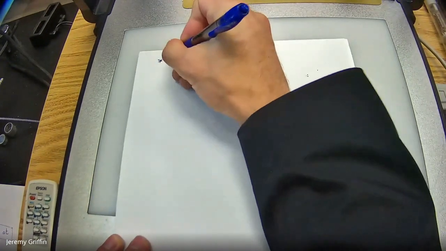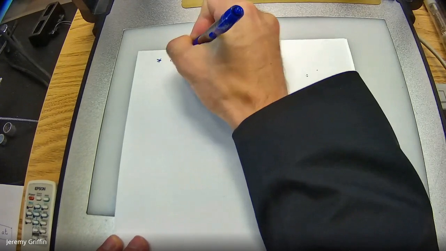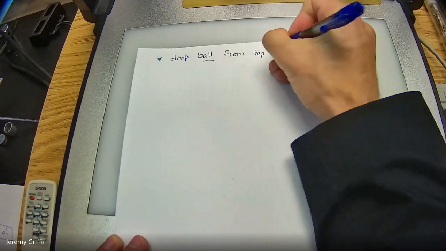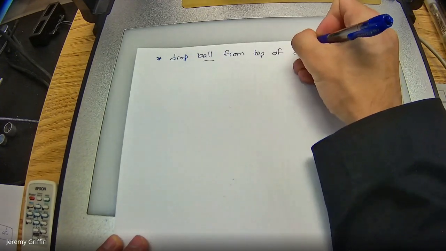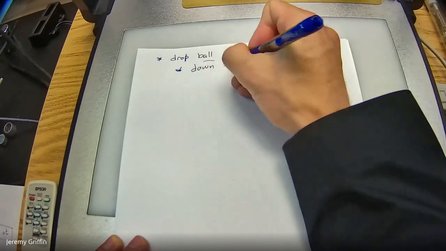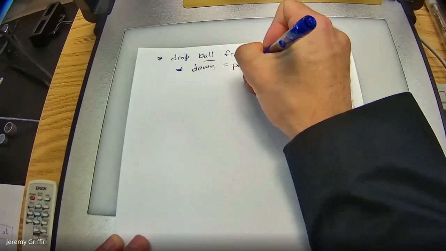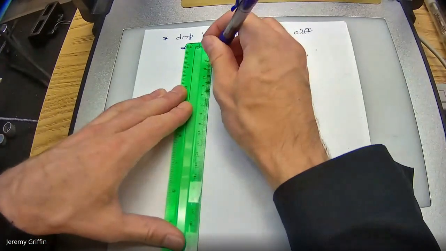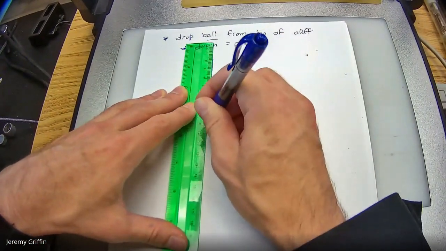Same scenario: drop a ball from the top edge of the cliff, and down is the positive direction. Let's make 3 graphs.